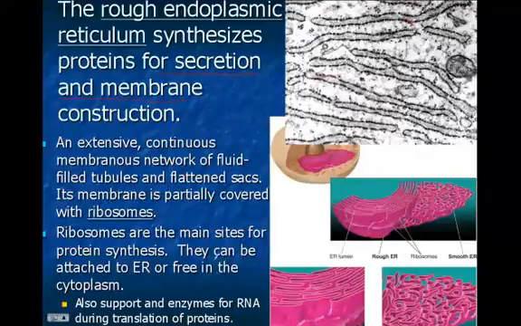So let me just give you an example of the types of proteins that would be made at the rough endoplasmic reticulum, and what types of cells would have lots of rough endoplasmic reticulum. So, for example, we talked about insulin. Insulin's a protein. It's a protein hormone that's secreted from the pancreas.